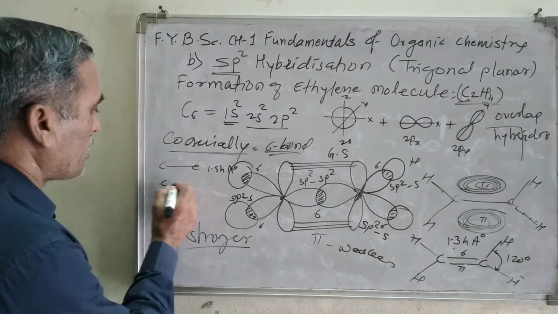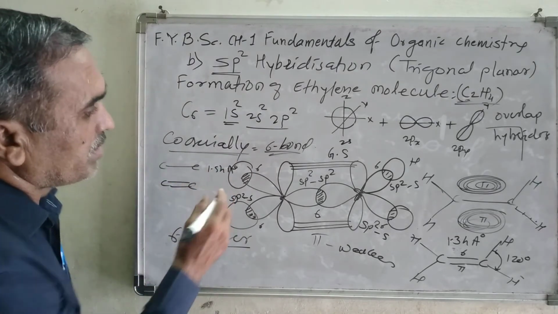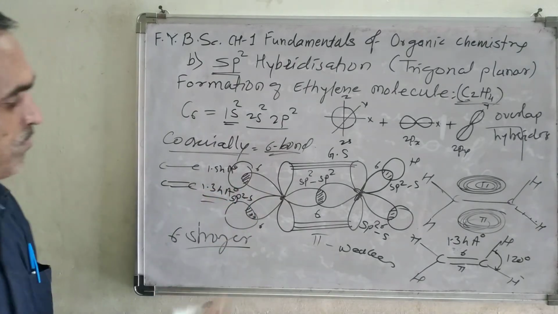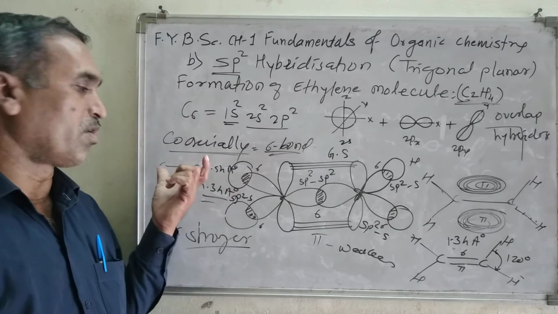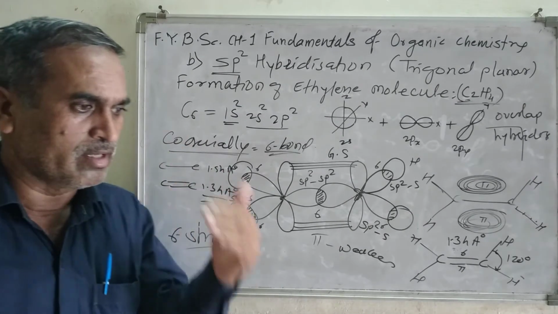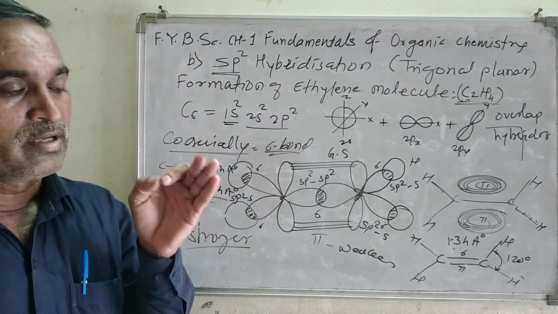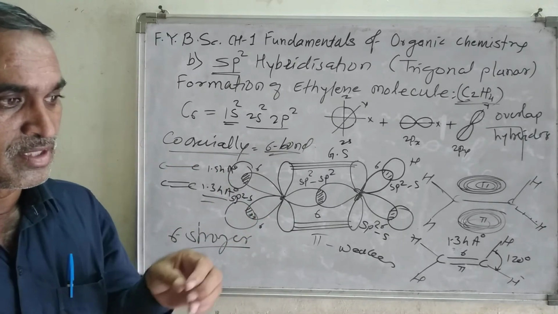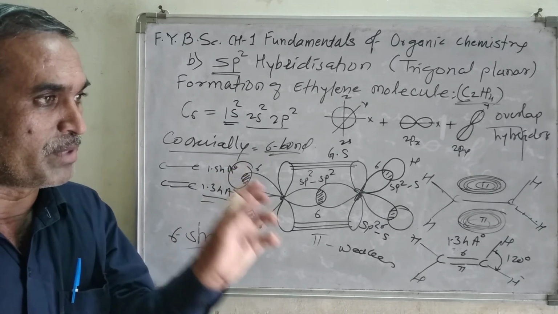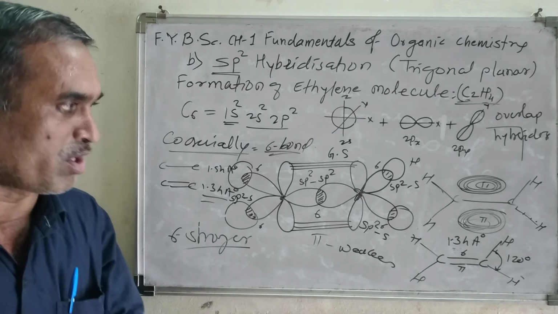And when a carbon-carbon double bond is formed, it is found to be 1.34 angstrom. The carbon-carbon single bond has a longer bond length, and when the bond order increases, the bond distance goes on decreasing, so the bond length becomes shorter and shorter.